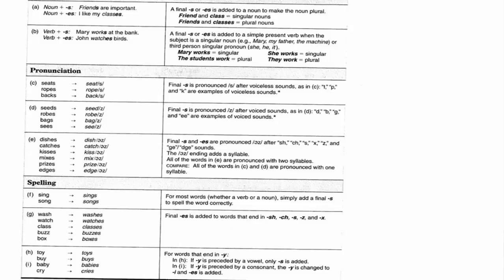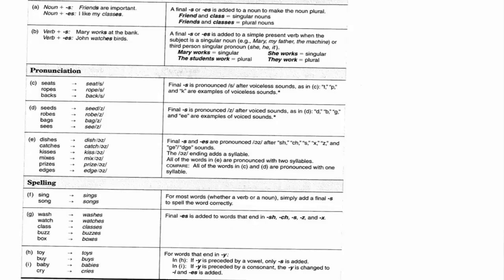And very much like the ED sound, the past tense verbs that we studied, the simple present tense verbs also have a change in sound according to the final sound of the verb.